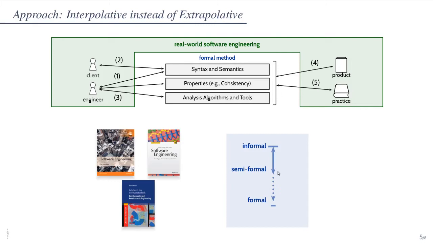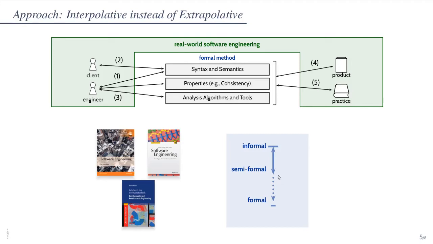Then the books may give some motivation why it would be useful to have a formal semantics and tools working on these diagrams, yet they never really go there. So they do not give at least one example of a formal semantics function.